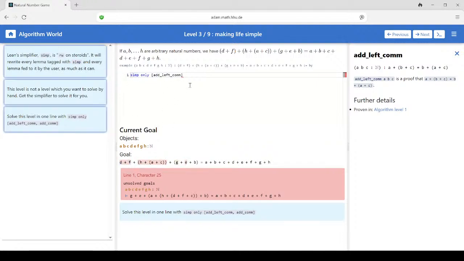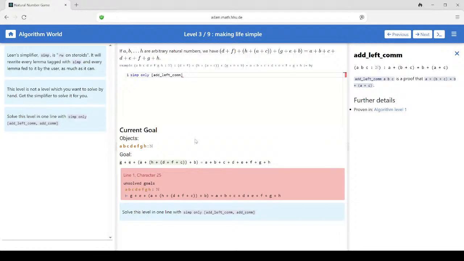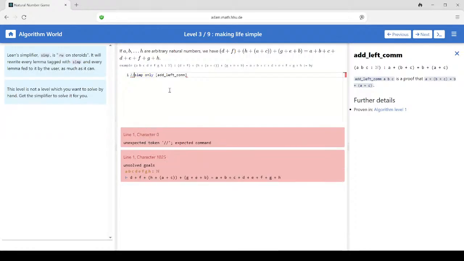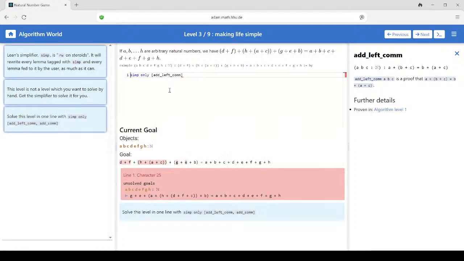This d plus f went in here. So I'm wondering how this is different than just saying repeat rewrite.